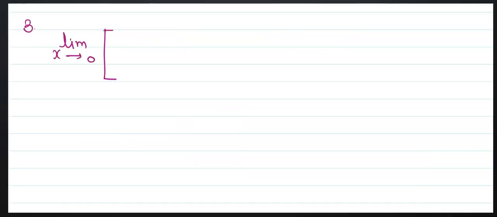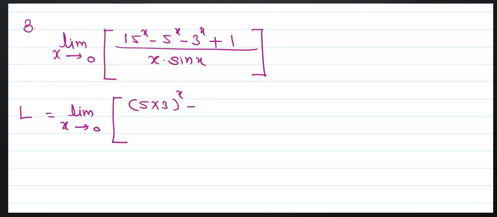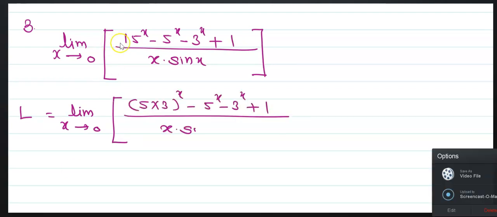Now example number 3. Limit x tends to 0, 15 raised to x minus 5 raised to x minus 3 raised to x plus 1 upon x sin x. By observation, the denominator is x sin x. The denominator would require x, but here it is x sin x. It means that dividing the numerator and denominator by x square will be possible.